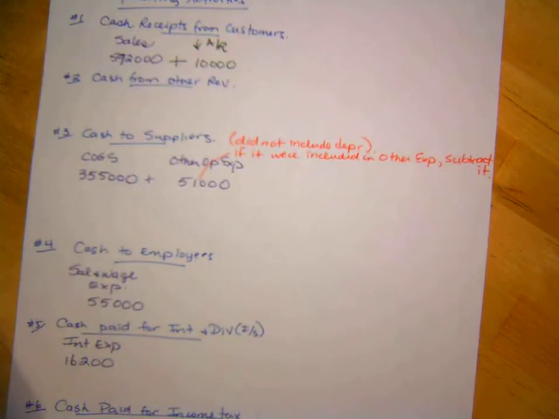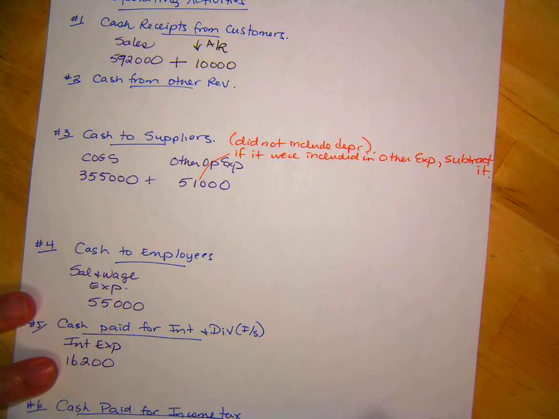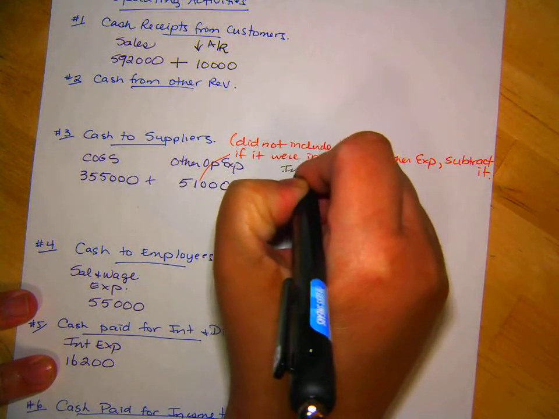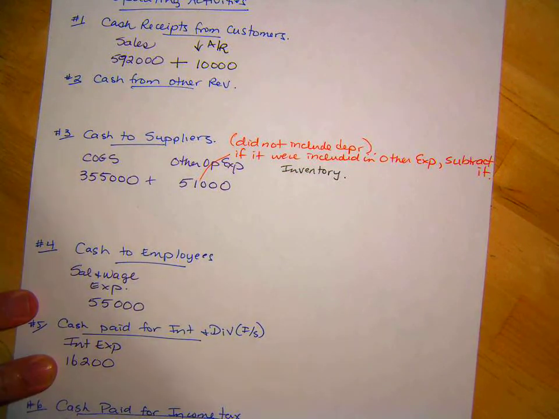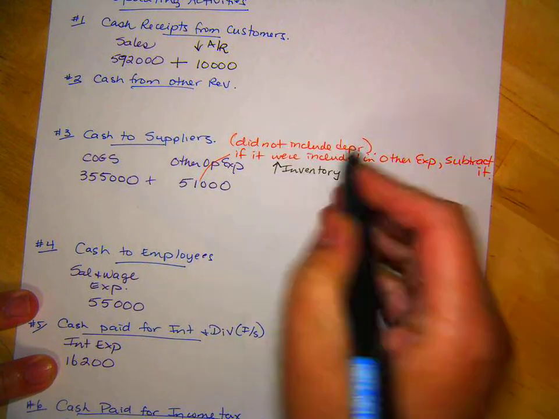Then the next thing is inventory. So inventory, we said, goes here. And inventory went up 9,000.